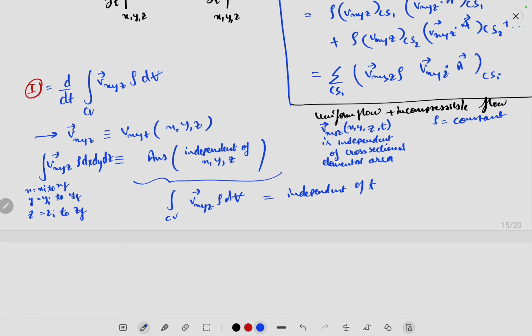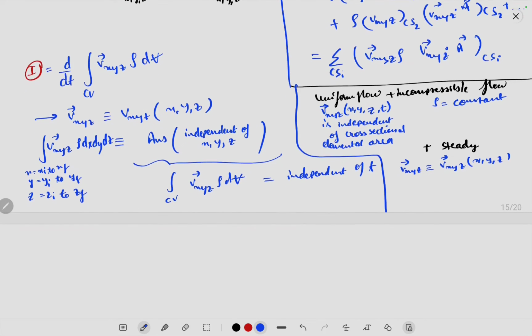Okay. Now if I add another constraint that the flow is steady, then what I will have is Vxyz is just a function of x, y and z. Okay. So in that case, integral over Vxyz rho dV will become independent of time t.